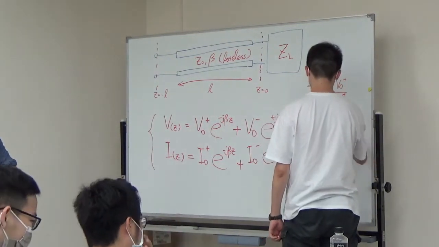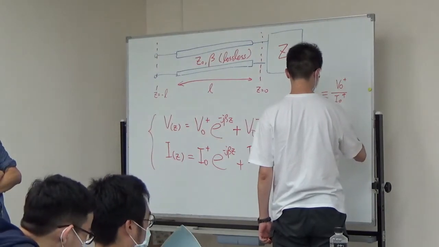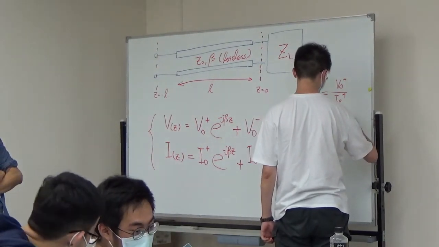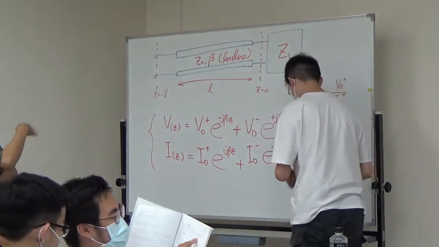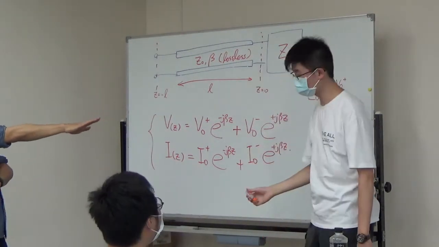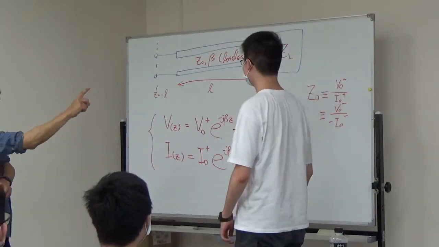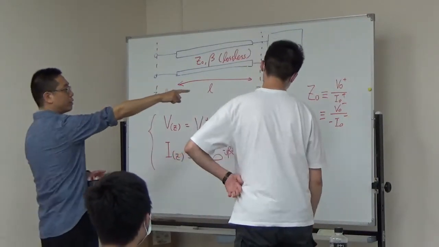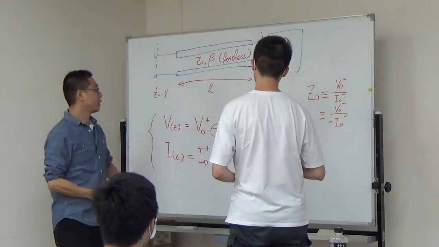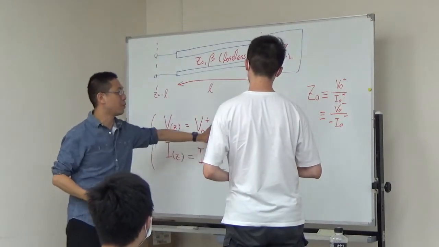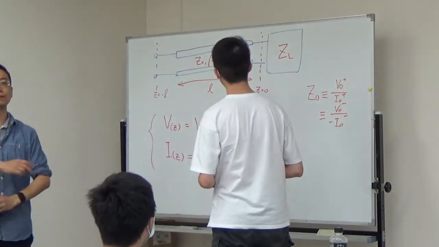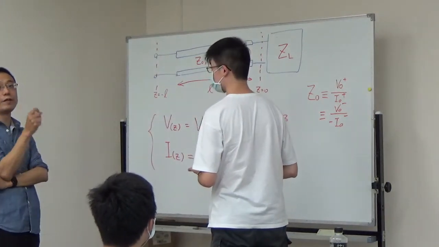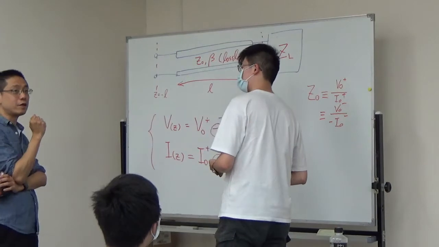And equals to... okay, wait a moment. Tell me what are those notations? What is this? What is this? What is this and what is this? You need to tell me that to show me you understand.